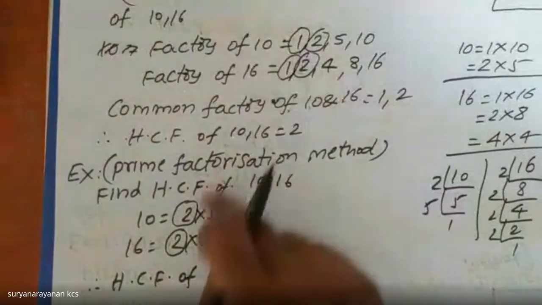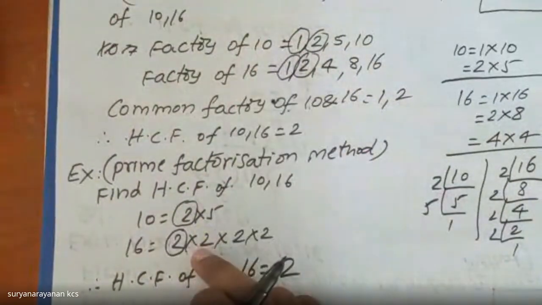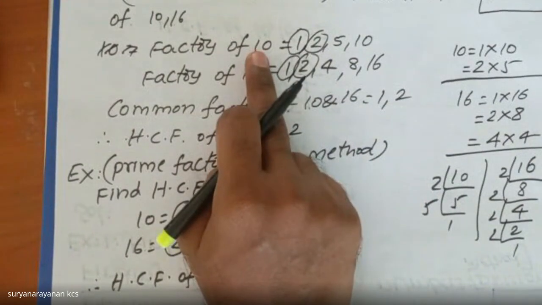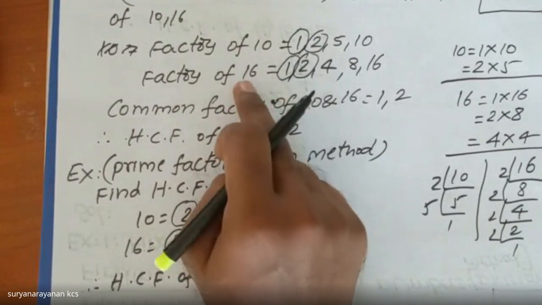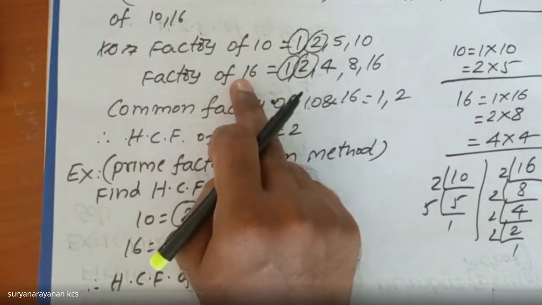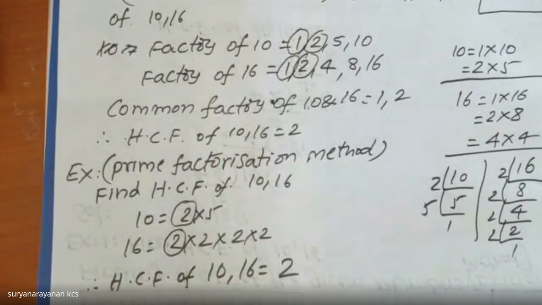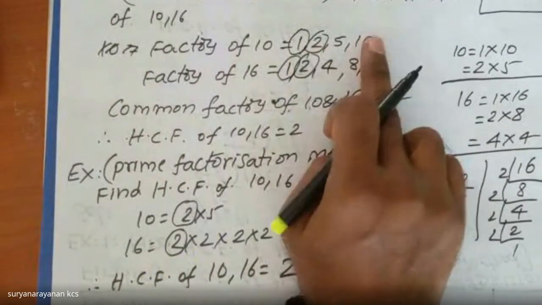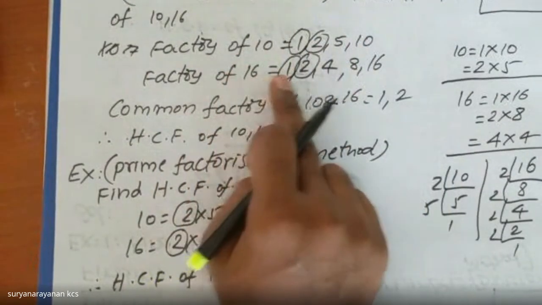These are little bit lengthy methods. Suppose a big number is given, suppose 100 and 450. How to find the HCF of the given numbers? It is a little bit difficult to write the factors of 100, and we have to write the factors of 450.